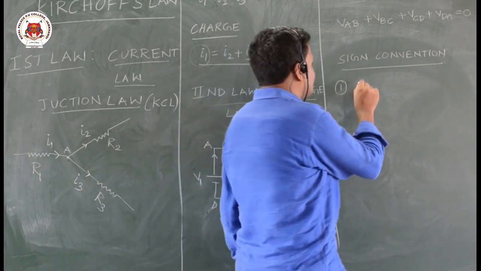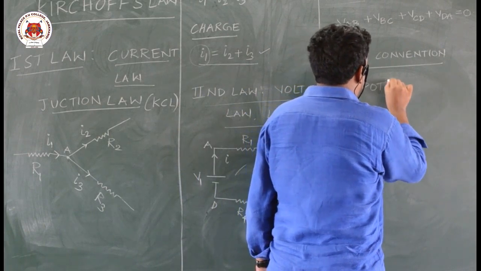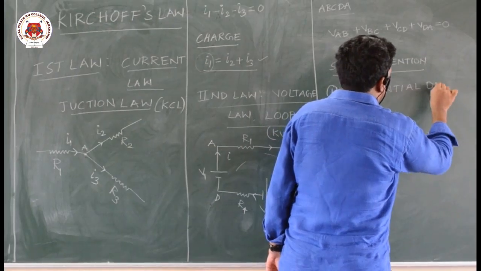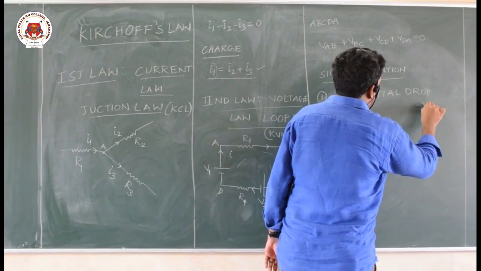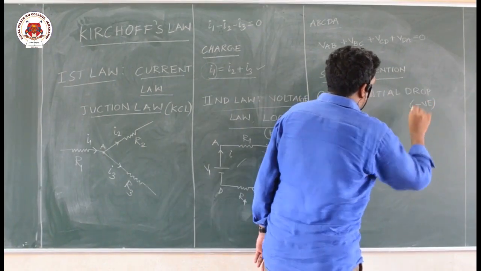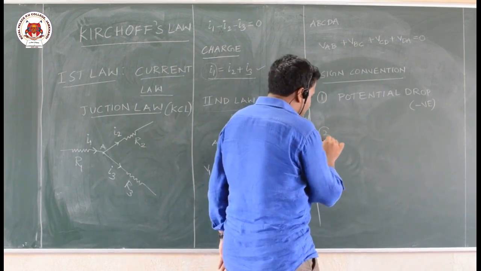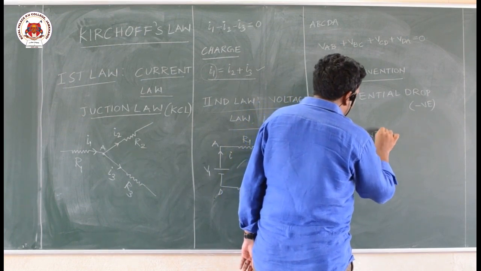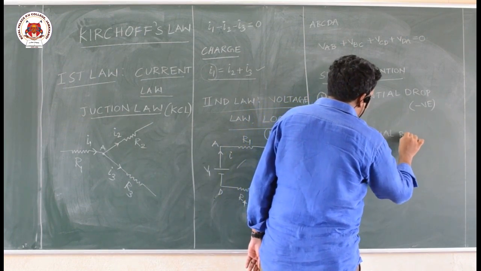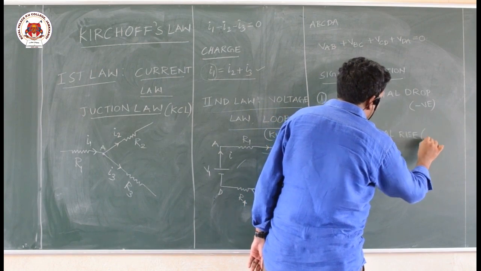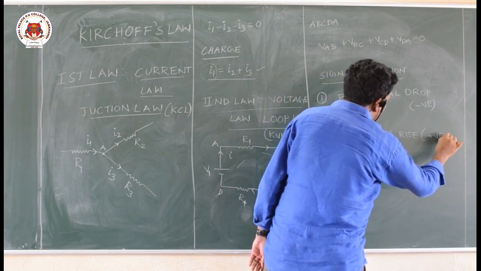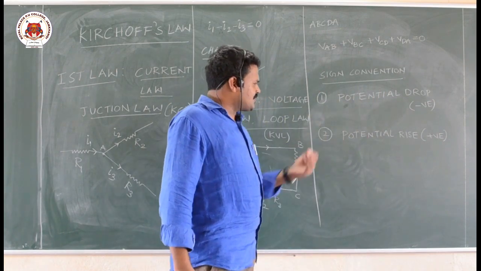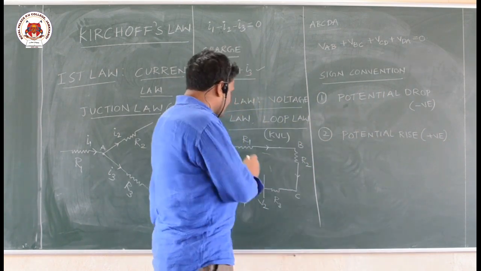Potential drop is negative. Potential rise is positive.